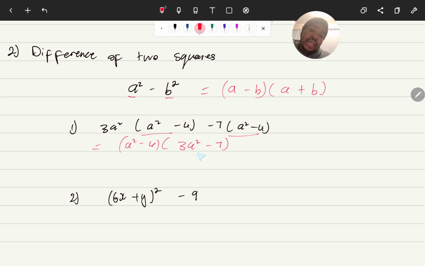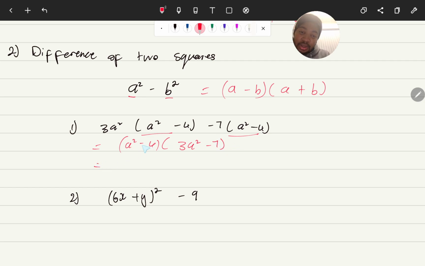There's no common factor, no difference of two squares. Now, if you want to be dramatic, you can say there is, and write 7 as the square root of 7 squared. If you want to be dramatic, then you will say this is a difference of two squares. But we're not going to do that, so we're just going to leave it as 7.